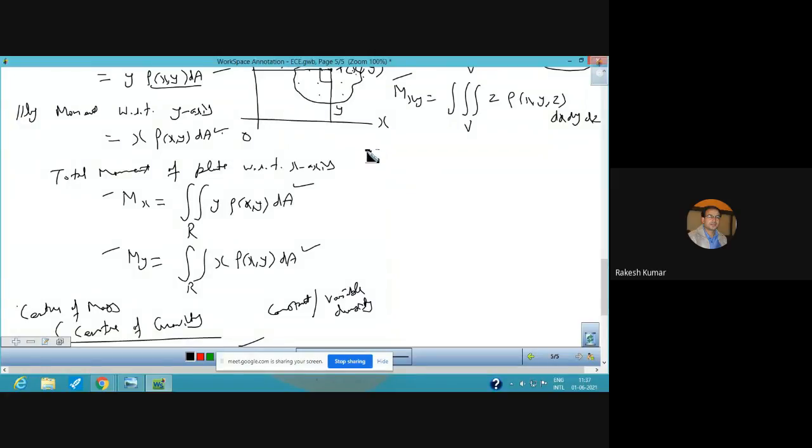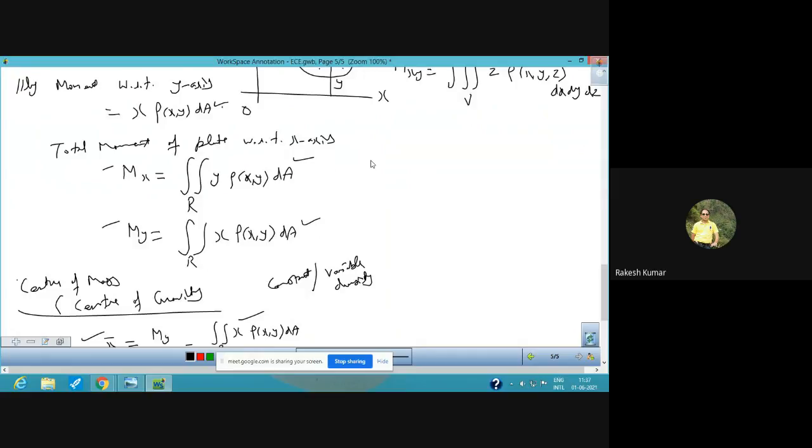So for this we have the center of mass coordinates.